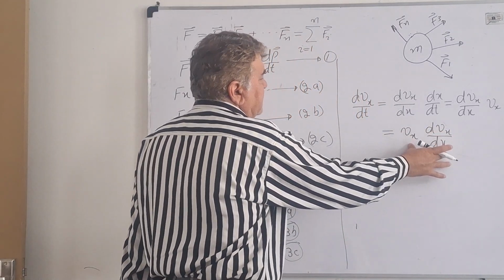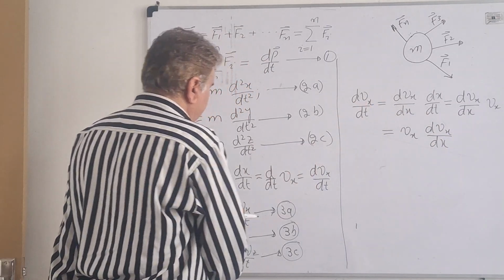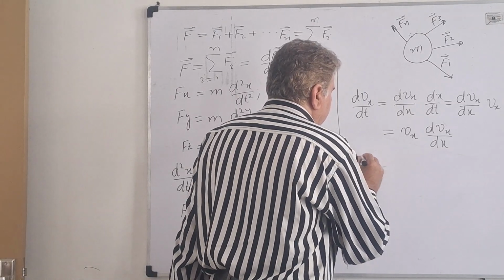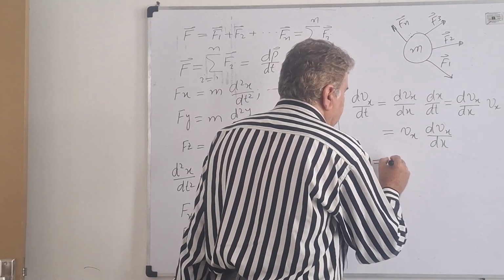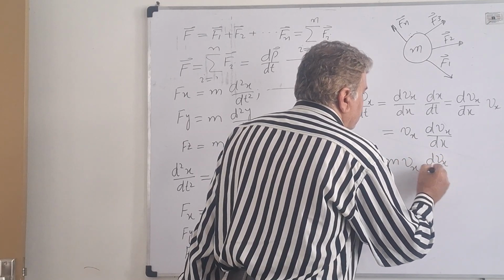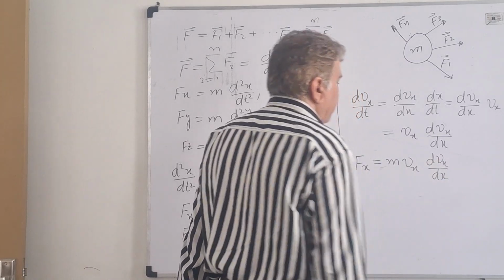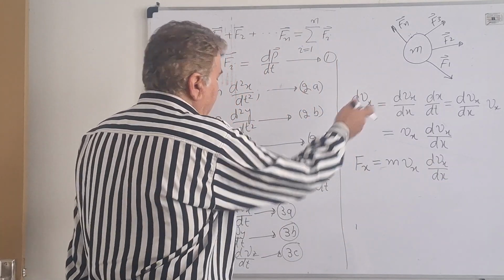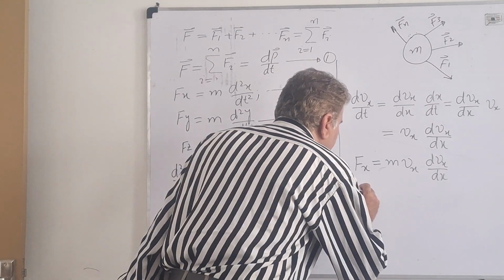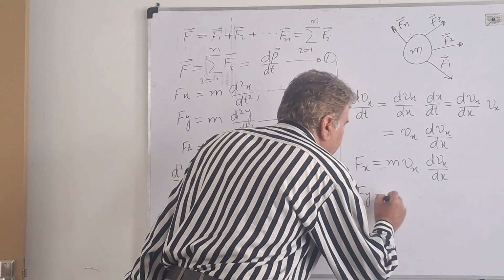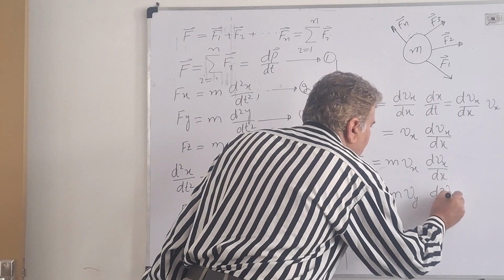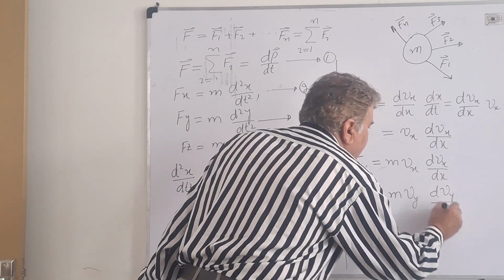Now, if I replace this value for dvx over dt in this equation, then the x component of force can be rewritten in the form F sub x equals m times v sub x dvx over dx. If I repeat the same procedure for dvy over dt, I can reduce the y component to m v sub y dv sub y over dy.